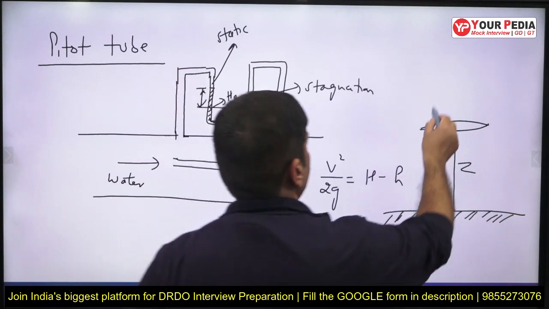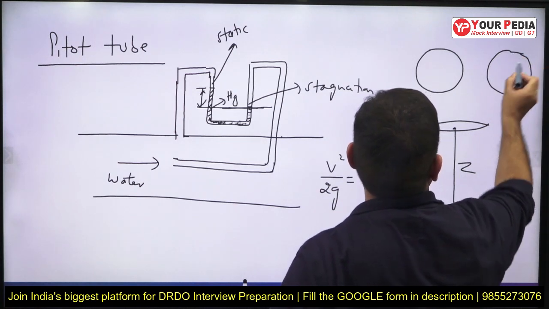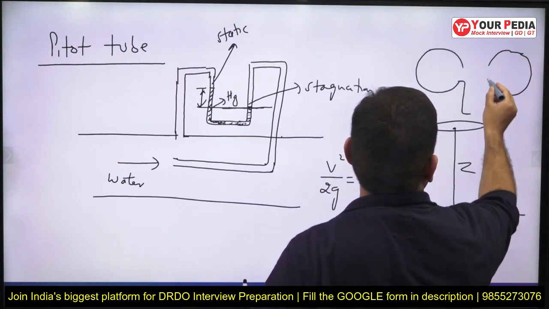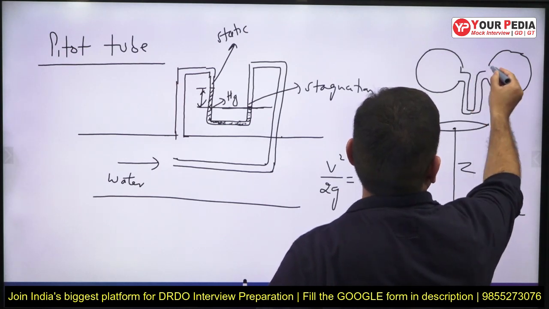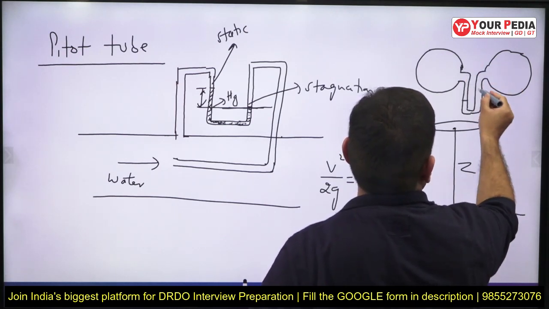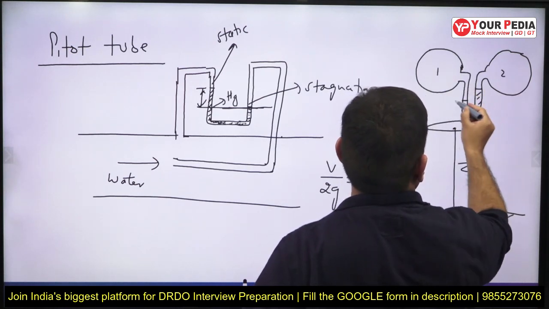Suppose I give you two locations and I connect some kind of U-tube manometer at these locations, something like this: state 1, state 2.